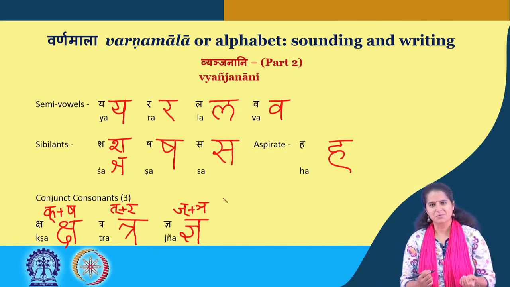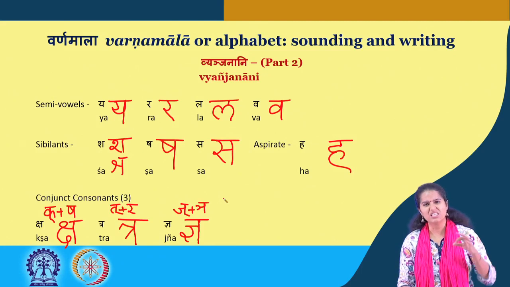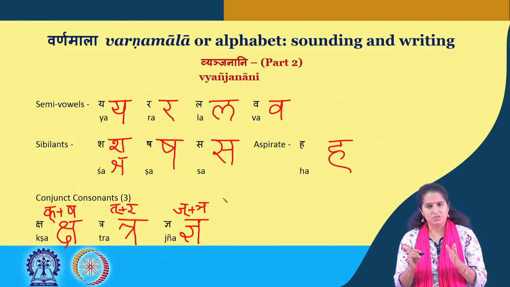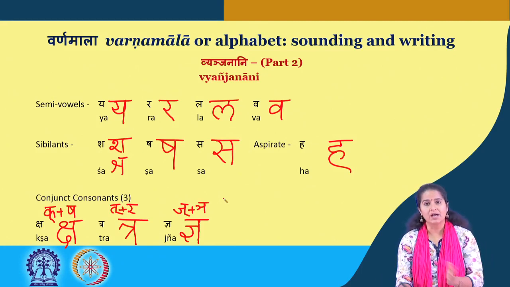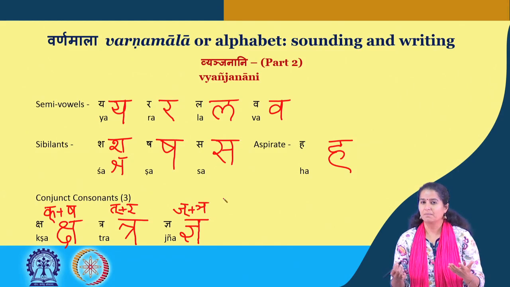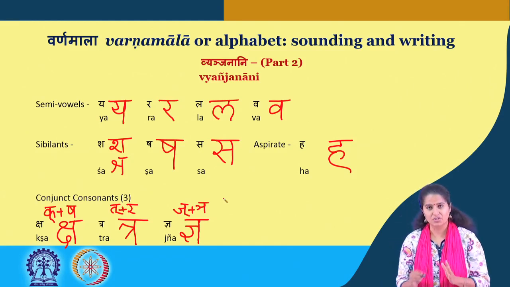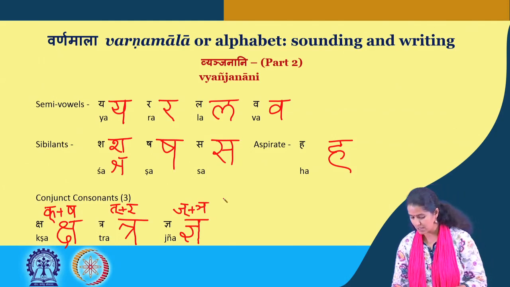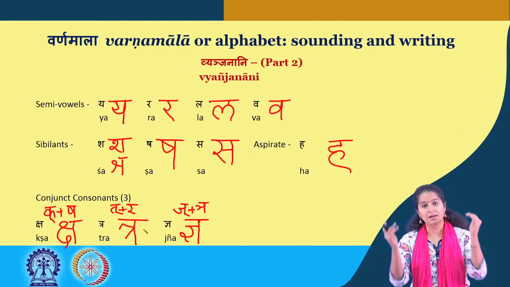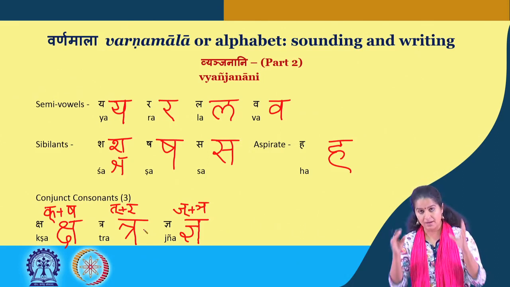So, therefore, sometimes when there is a bit of a debate whether it should be the Gnya or Nya or what, my logic is that it is a combination of J and Nya, and therefore Jnya, you go over the J really fast, Jnya would be the more accurate pronunciation of this letter. And that's the logic that I tend to follow when I'm asked about it. So, we have Ksha, Tra, Jnya, combined consonants already appearing in our main alphabet.